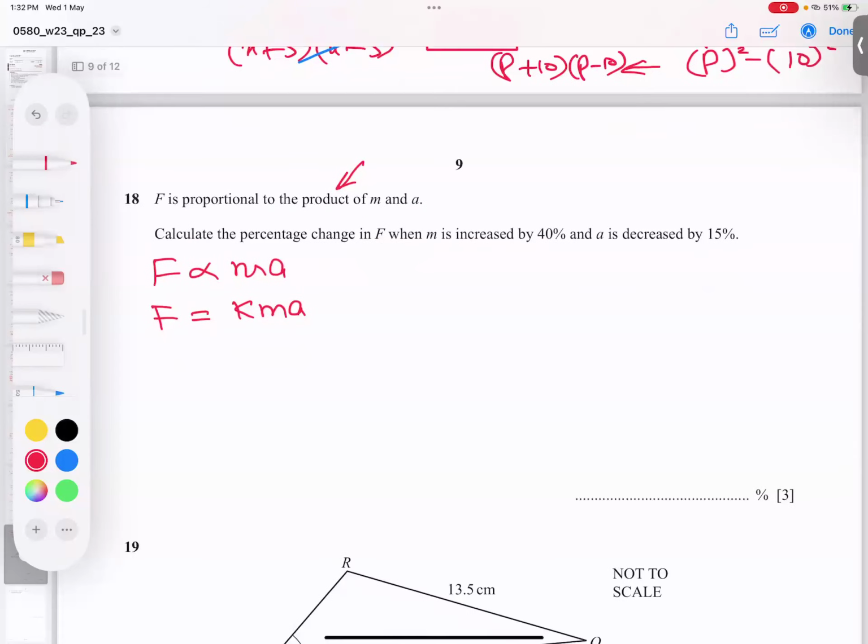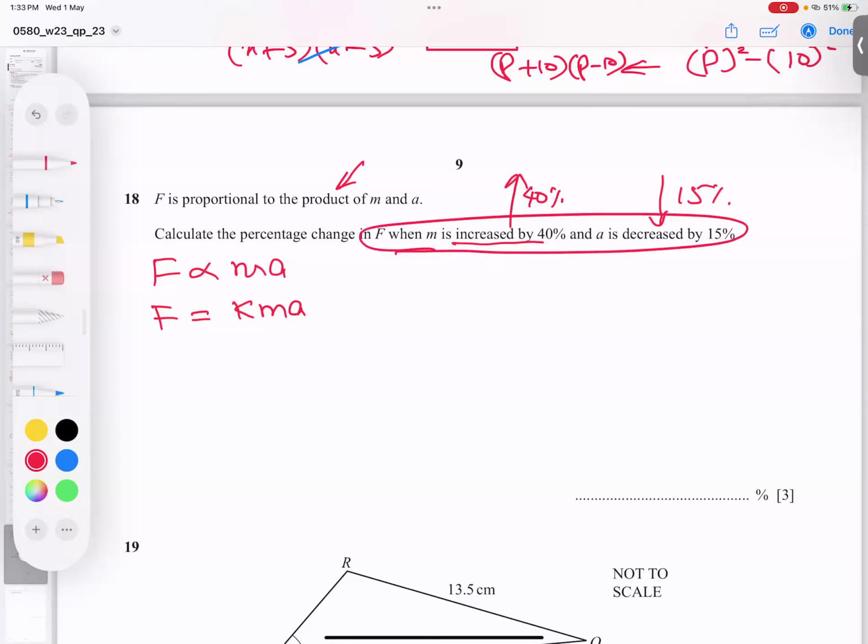Now, students, he's asking the percentage change in F when M increased by 40% and A decreased by 15%. He did not give us any value of M and A.